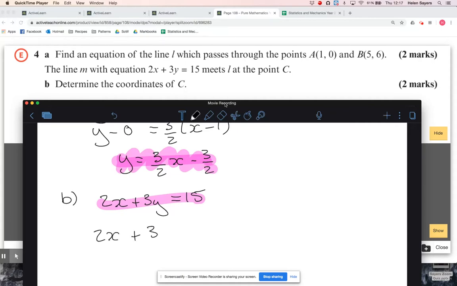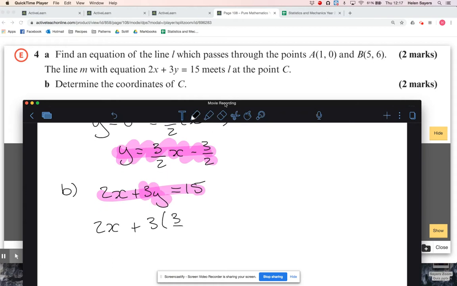So 2x, and where this says 3y, I will substitute in 3 times 3 over 2x minus 3 over 2 equals 15. All I've done there is, where that says y, I've substituted that in.